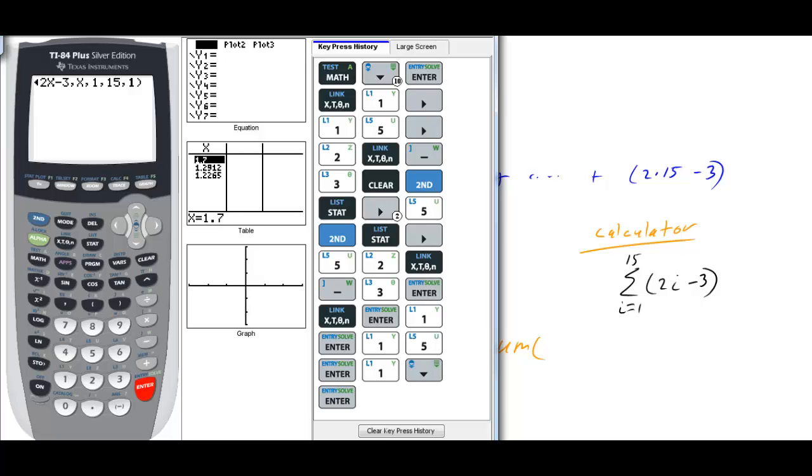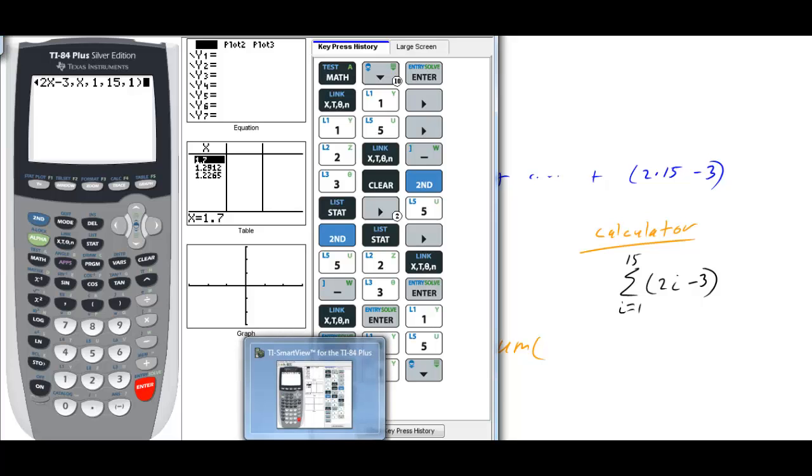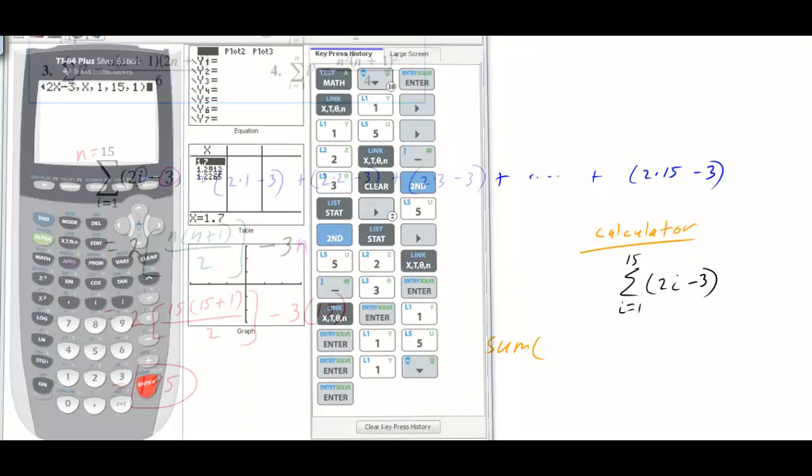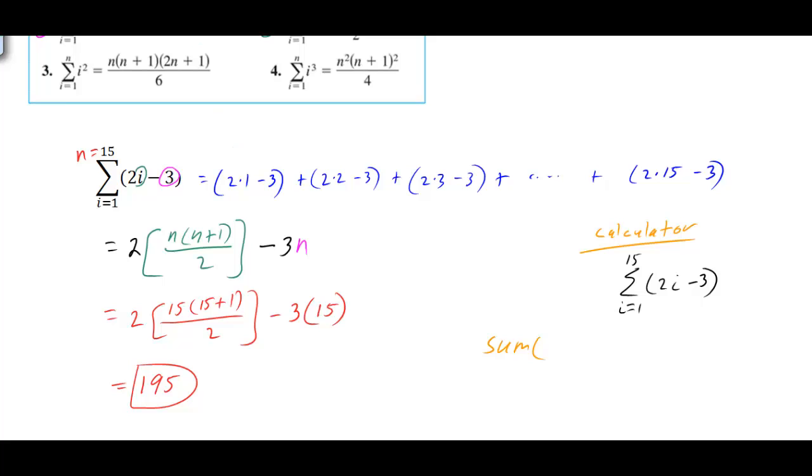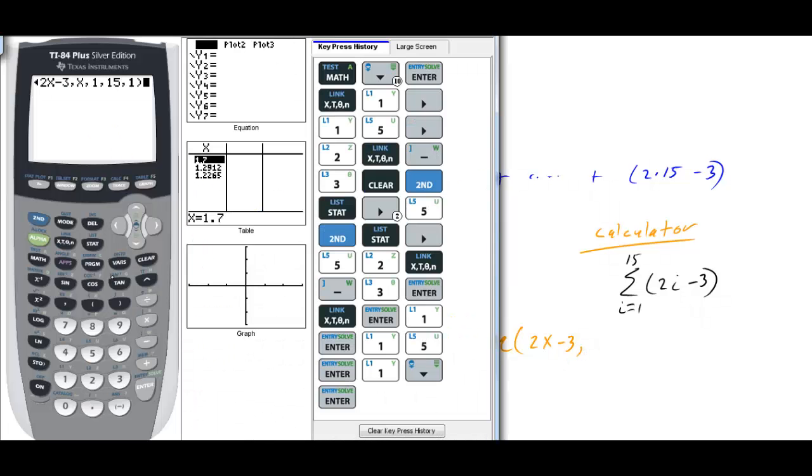Now what's happened here, if you don't get that previous screen here, then once you select sum sequence, if you see this on your calculator and all you have is sum and then sequence like this, then all you have to do is type in the expression 2x minus 3, and then you want to put a comma, and your comma is located right above your number 7 key.